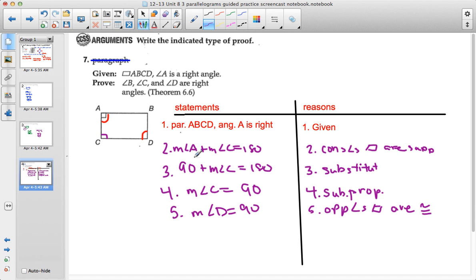So that one is now a right angle. And then I also know that C, for that same property, is congruent to B. And so I can finally say the measure of angle B equals 90 because opposite angles in parallelograms are congruent. And that is my proof.